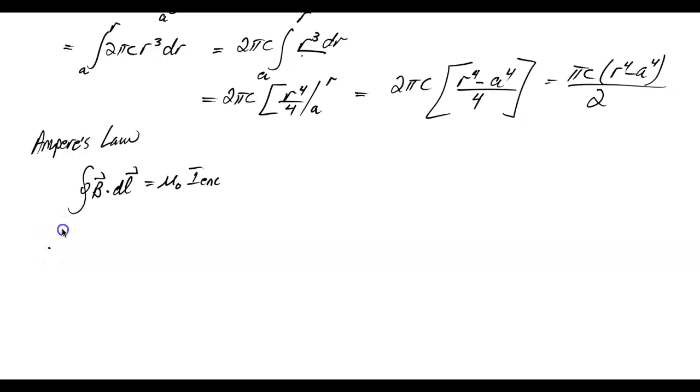So we can get integral B dl cosine 0, I'll leave that out, equals mu naught.